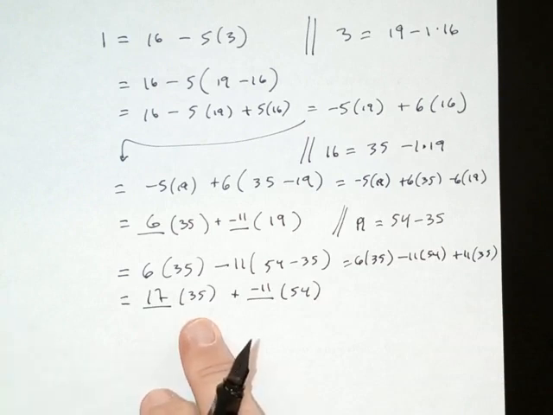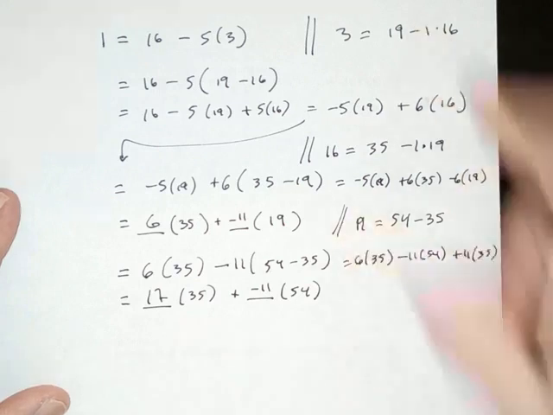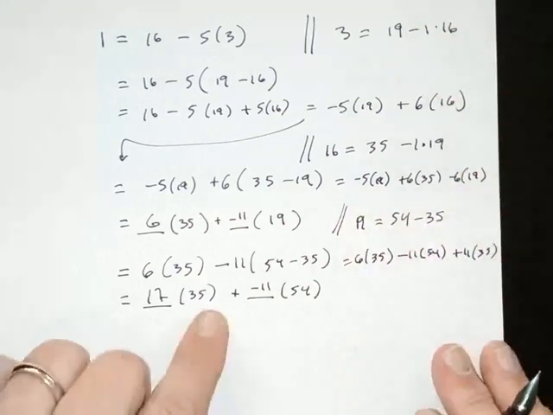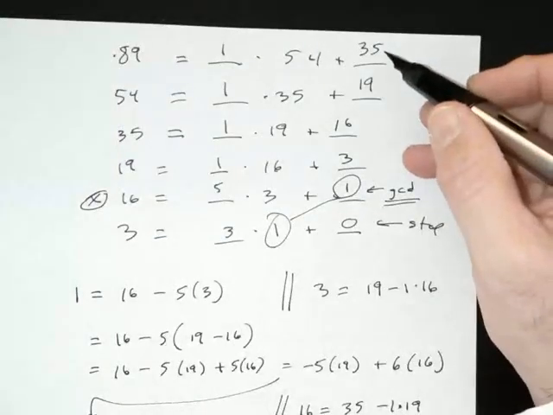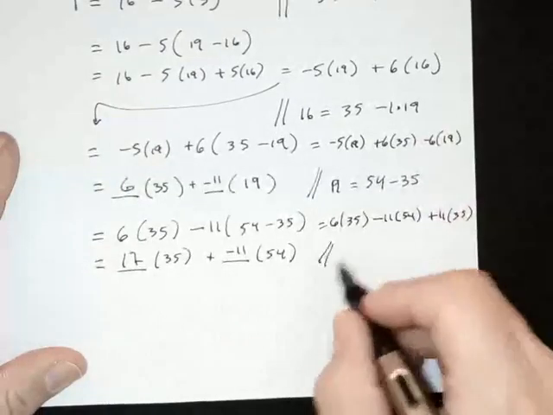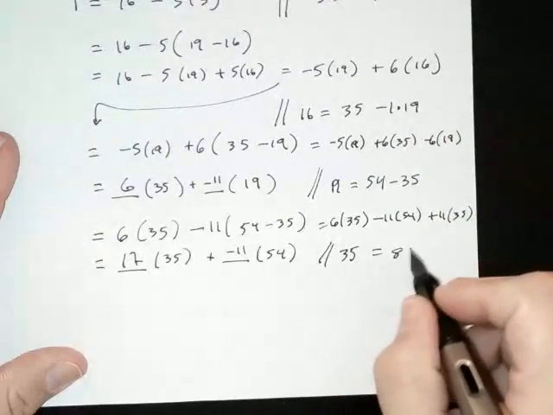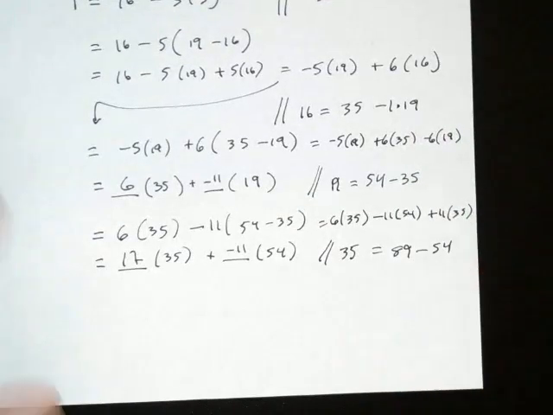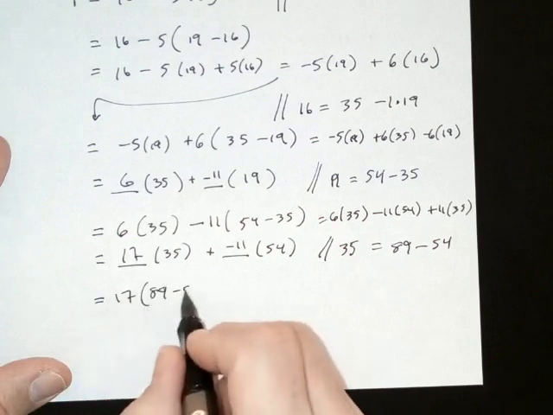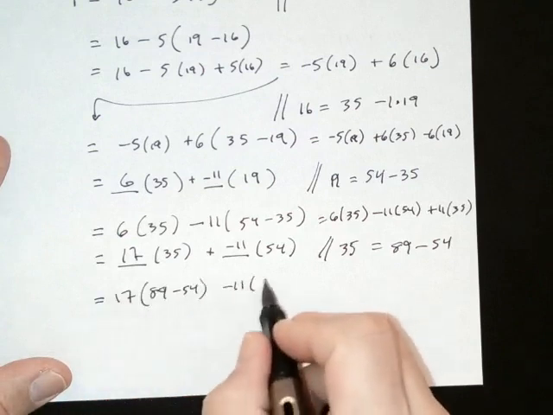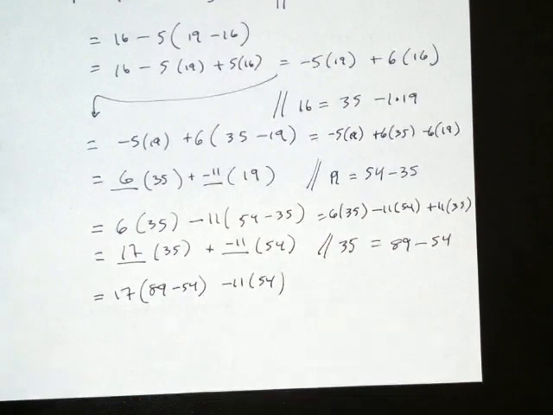35, the smaller number, is a remainder in one of my equations. As a matter of fact, it's a remainder in the next one up. So let's get that all alone. 35 was 89 minus 54. Replace your 35 with 89s and 54s. How many 89s?